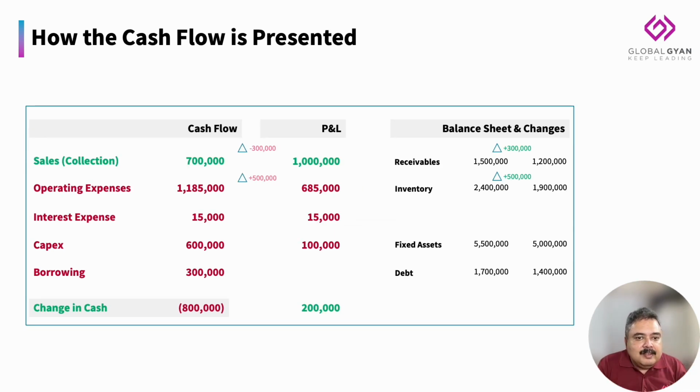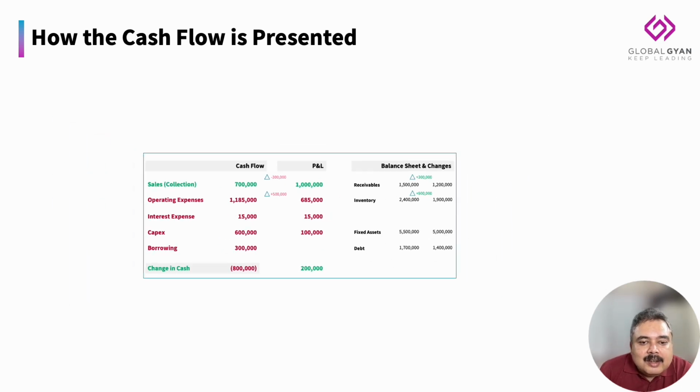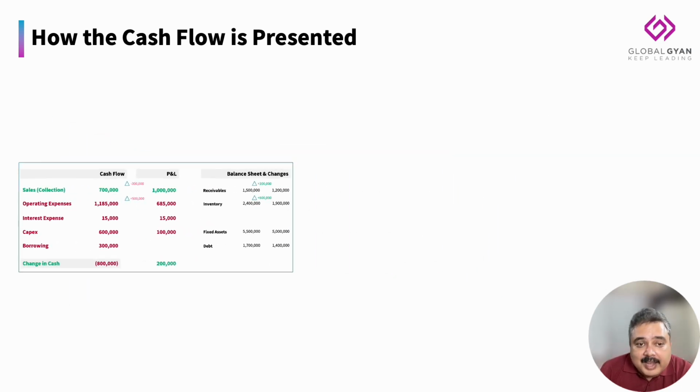These are the changes that we saw, but unfortunately, it's not presented in as simple a manner as I have just shown you. So let's look at how the cash flow statement is actually shown in the annual report. It's a little complicated, but if you can maybe use the numbers that we have here and just follow.